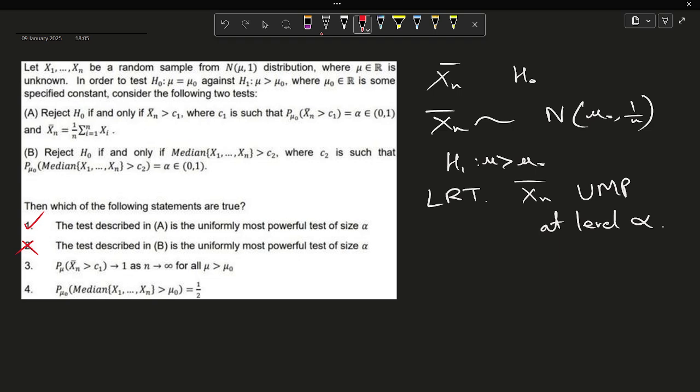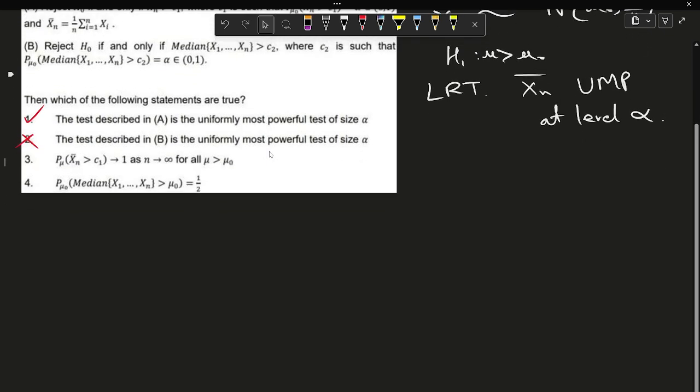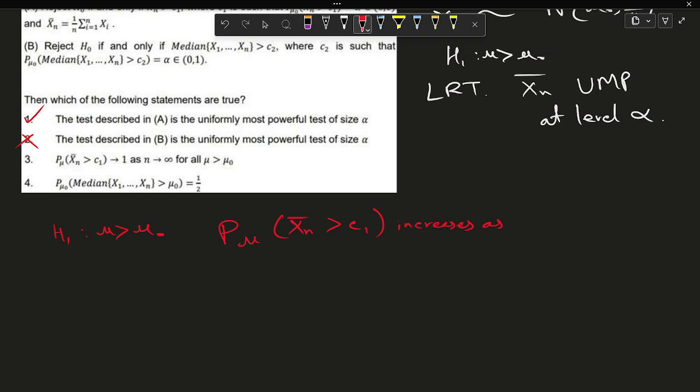Now we have to think about our option 3, which is about the probability of Xn bar greater than c1 for mu greater than mu0. Under H1, where mu is greater than mu0, the probability P_mu(Xn bar > c1) increases as mu increases, because Xn bar can be approximated by the normal distribution with mean mu and variance 1 by n.